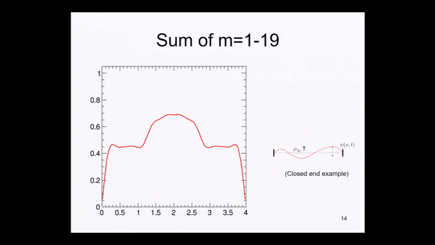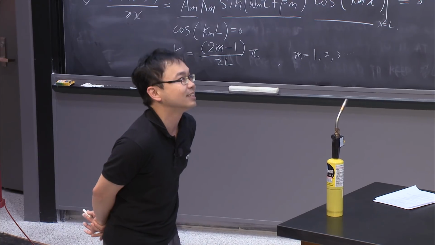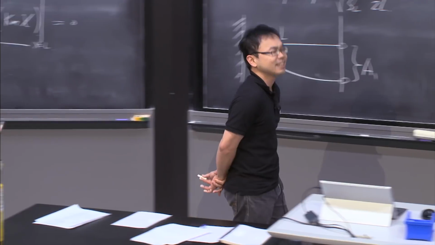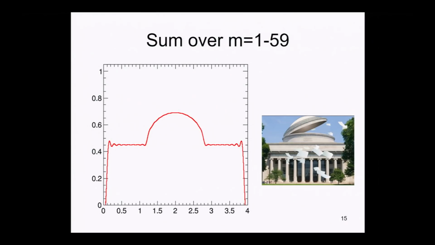What is this? What is the function I put in? It's a NIT function. I put a NIT function into this again, and you can see that, wow, from 1 to 59 turns, I need to use 59 turns to describe this really wonderful shape, right?